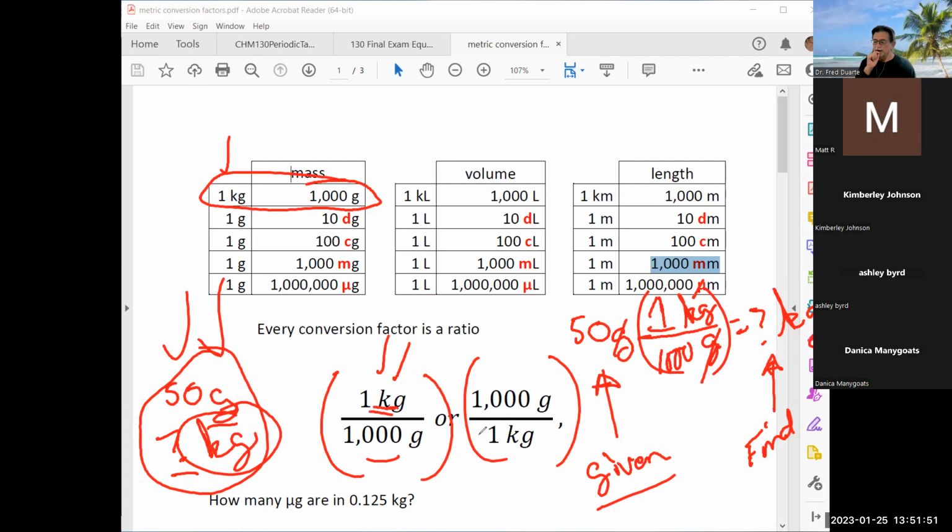Okay. Because if I were to inadvertently use the other factor, and let's say I multiplied by the factor on the right, let me change that color a little bit so we can see what I'm talking about. So if I were to multiply that 50 grams by this factor, well, look at my units.